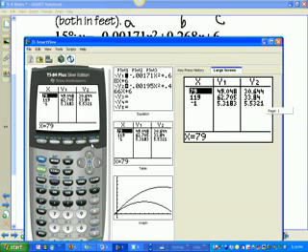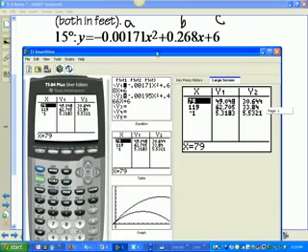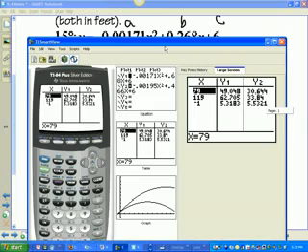So the first one was at 49. The second one was at 33. So they didn't go up that far. That's one of the problems with all these decimals. You get all these ugly numbers in there.